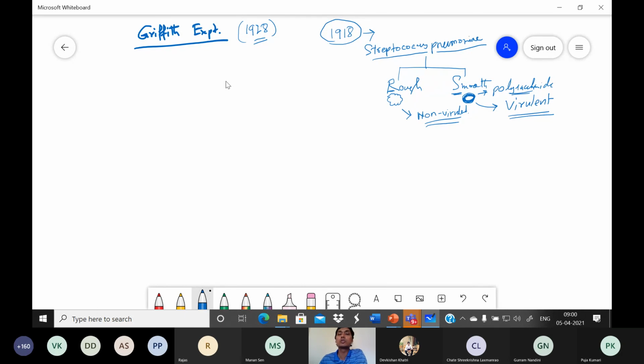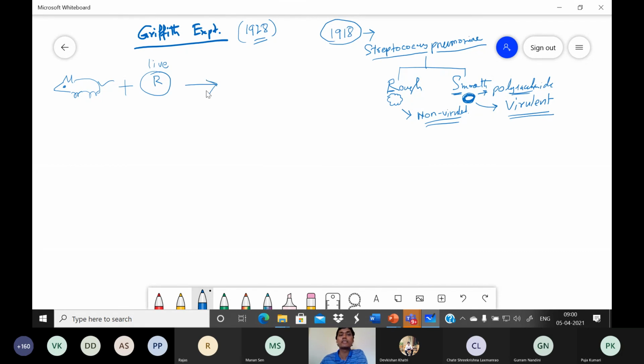He took a healthy mouse, and he inoculated it. Inoculated means he injected the R strain of bacteria, the rough strain of bacteria. This is live, living bacteria, not dead.